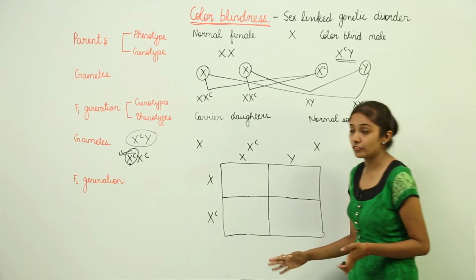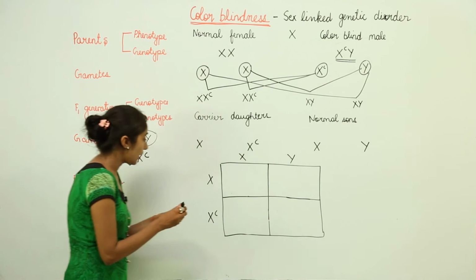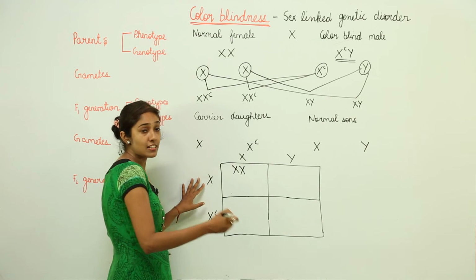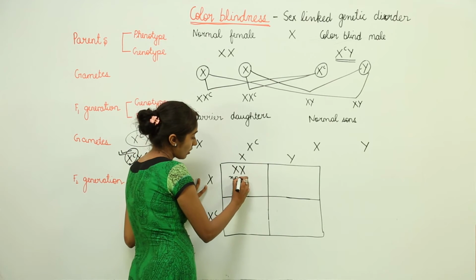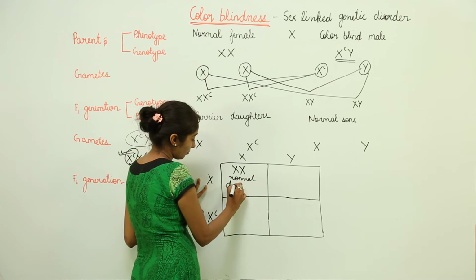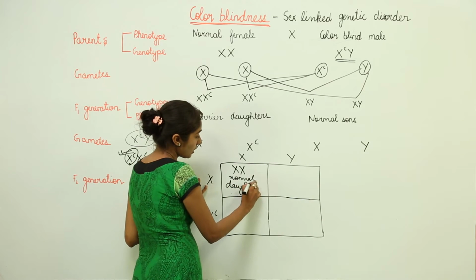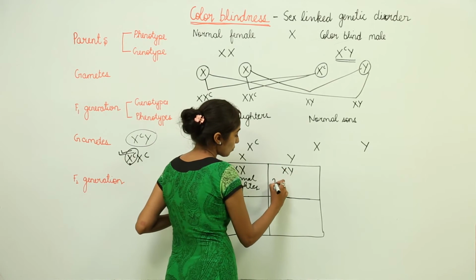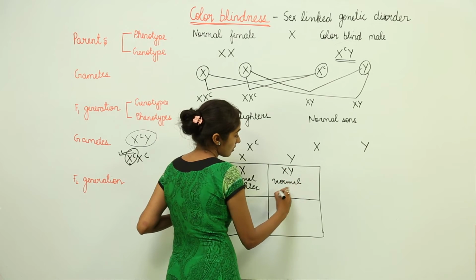We have these gametes, right? Let's see, we have prepared a checkerboard. So we have combination XX, right? It means it is going to be a normal daughter. And here we have XY, it's going to be a normal son.